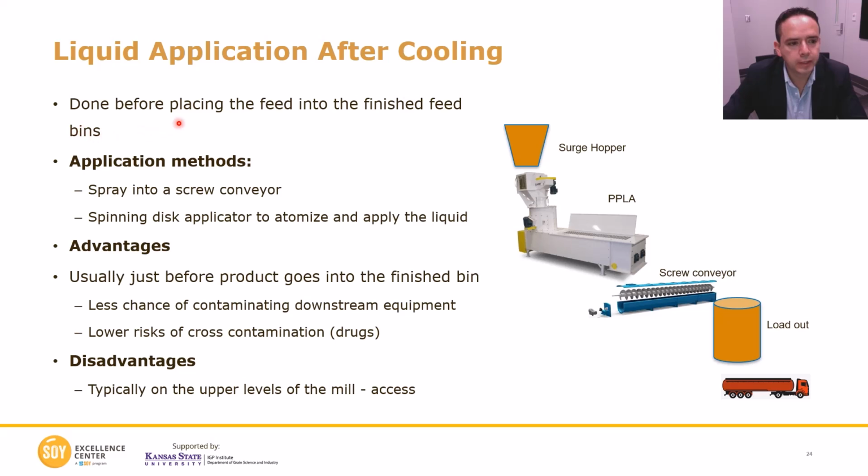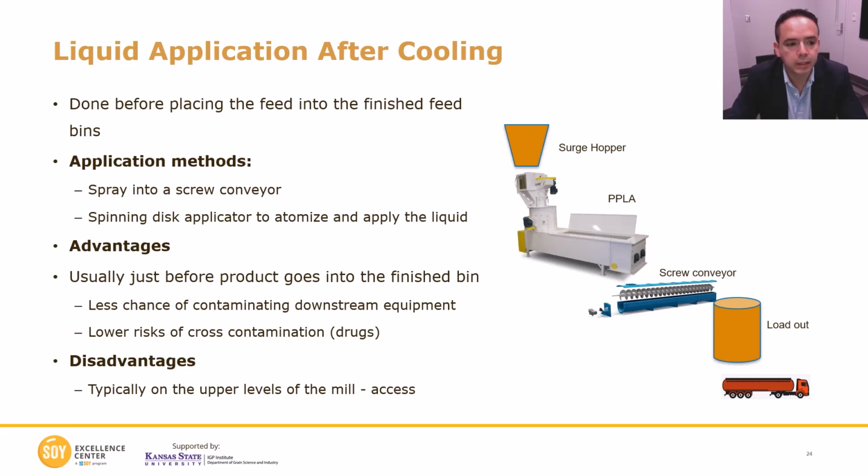Some of the application methods are going to include a spray into a screw conveyor and also using a spinning disc to atomize and apply the liquids. Some of the advantages of this system is that usually the liquid is applied before the pellets go into the finished feed bin.